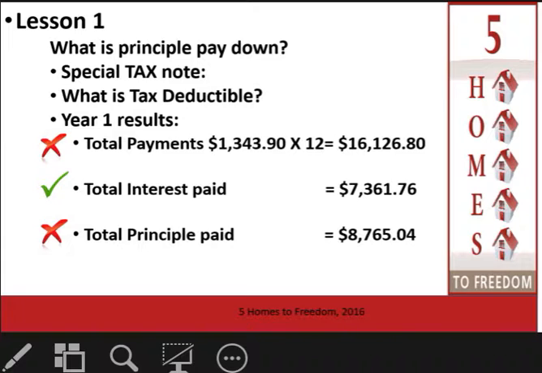Again, it's only the interest portion of their mortgage payment that is tax deductible on their personal residence. In Canada, we do not have that tax saving strategy. However, on both sides of the border, we do have that tax saving strategy for our investment properties. But keep in mind, it's only for the interest portion of your monthly payment, not for the entire mortgage payment itself.